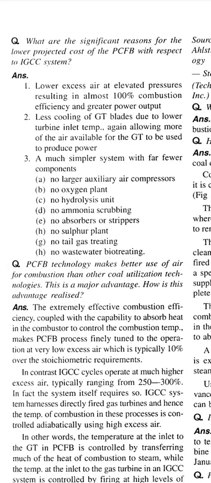Third point, a much simpler system with far fewer components: no large auxiliary air compressors, no oxygen plant, no hydrolysis unit, no ammonia scrubbing, no absorber or strippers, no sulfur plant, no tail gas treating, no wastewater biotreating.